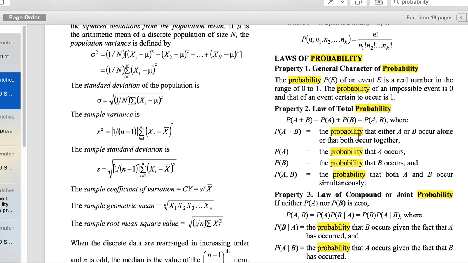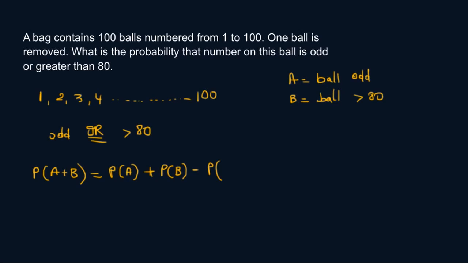The probability that both A and B occur at the same time. So meaning you have an odd number that is also greater than 180. AB, right?